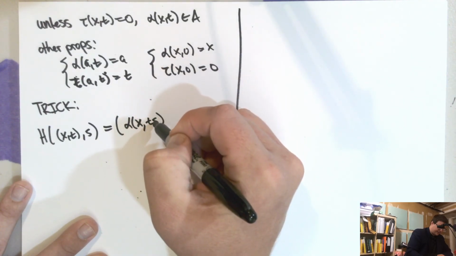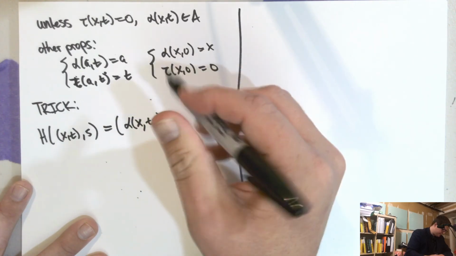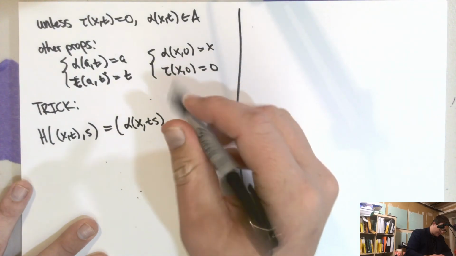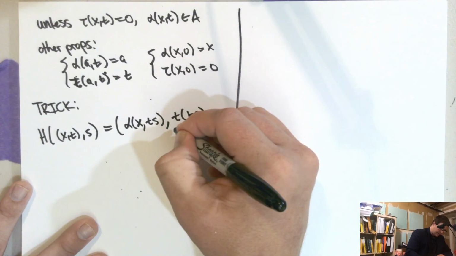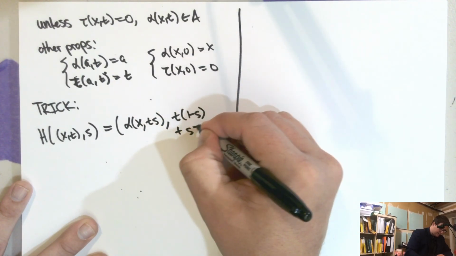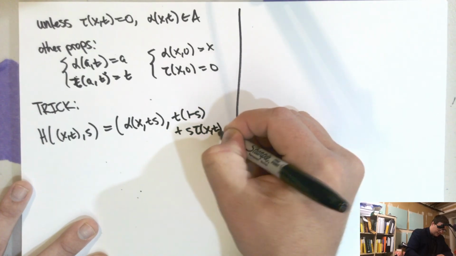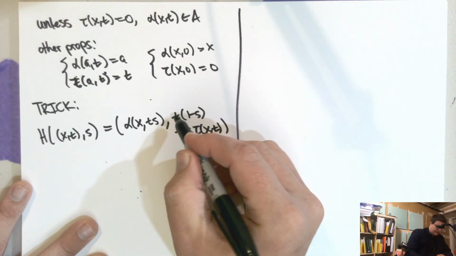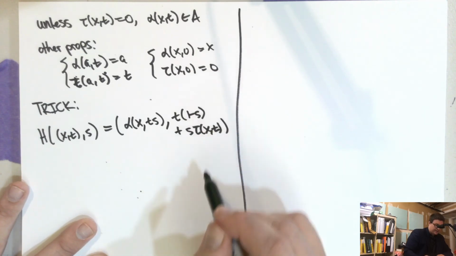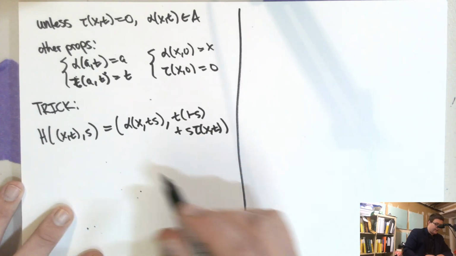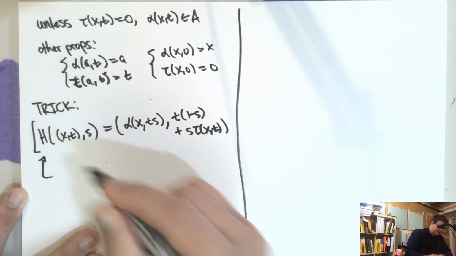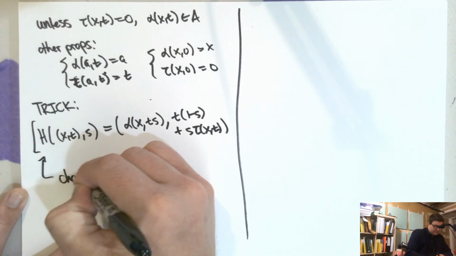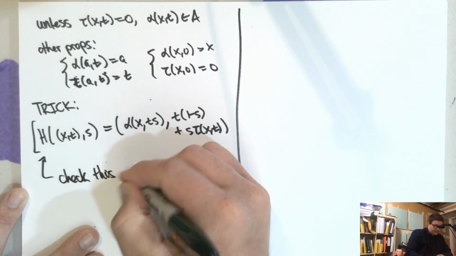So when s is 0, this thing just becomes x. And then what we'll do is we'll take a straight line homotopy, so then we'll do t(1 minus s) plus s tau of (x,t). So we do a straight line homotopy between t and tau of (x,t). Okay? And so this is the trick, and so you check that this gives the deformation retract.